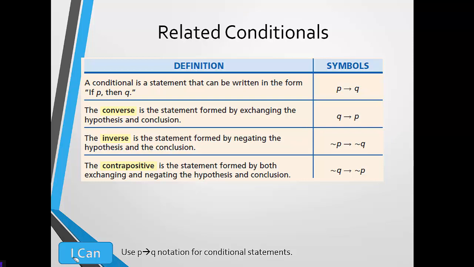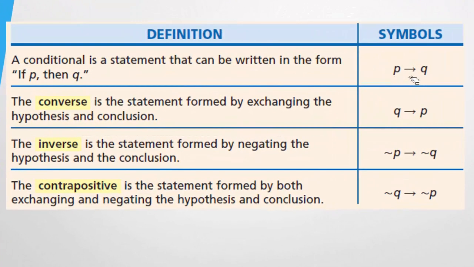Now, there are other kinds of conditional statements that you can write. Our very first kind of conditional statement we already talked about was an if P then Q, or P implies Q. The second type is called a converse. The converse is made simply by exchanging the hypothesis and the conclusion, so it would be if Q then P. The next kind is the inverse, and an inverse is formed simply by negating the hypothesis and the conclusion.